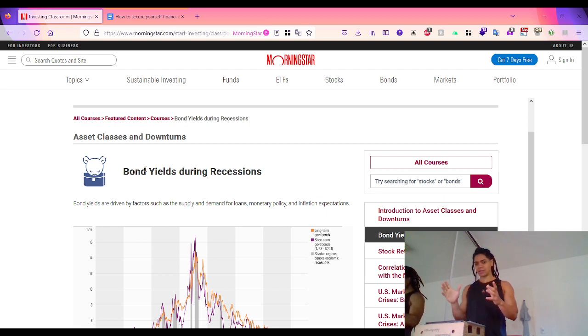Since I looked at the market contraction and expansions and the downturns and recovery, now I'm going to look at something more oriented to asset classes, such as bonds, stocks, your portfolio. This is the introduction of the asset class downturn.